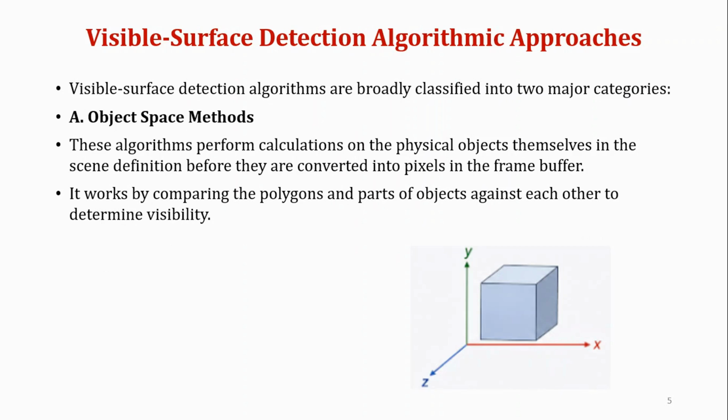The algorithm compares polygons, edges, surfaces, and entire objects to decide which portion is visible. Since calculations are performed using the actual object area, these methods work in the coordinate space of the scene, for example, 3D space. Examples include the back-face detection and BSP tree methods, and area subdivision methods. These are some object space methods.